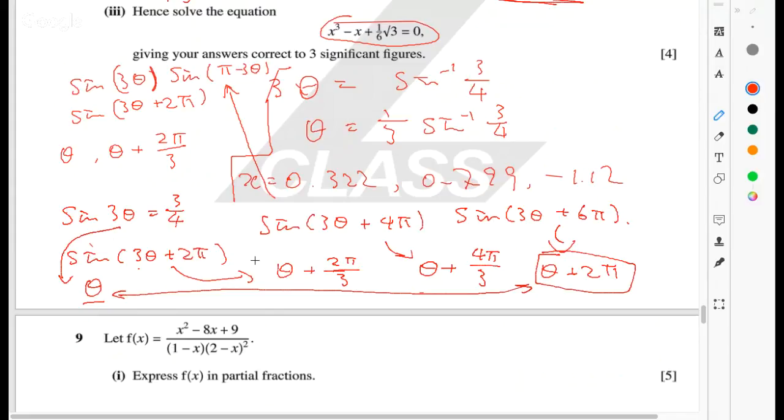Not because of a multiple, but because sine is 2 pi periodic. So sine theta and sine of theta plus 2 pi will give you the same thing. That's why there are only 3 roots in this case.